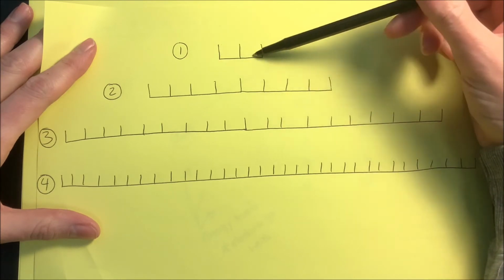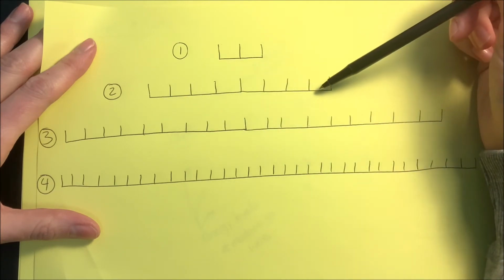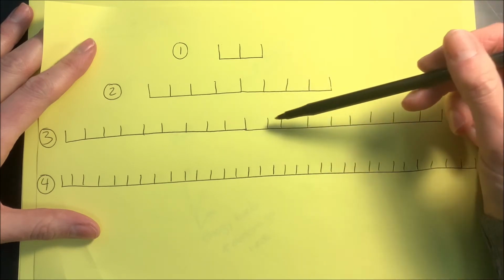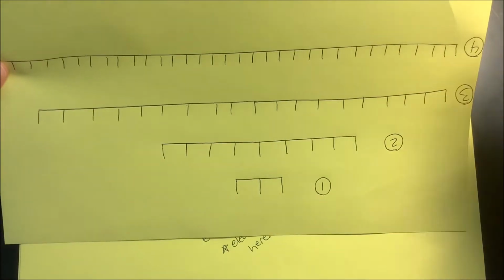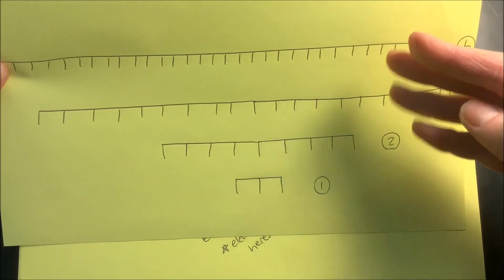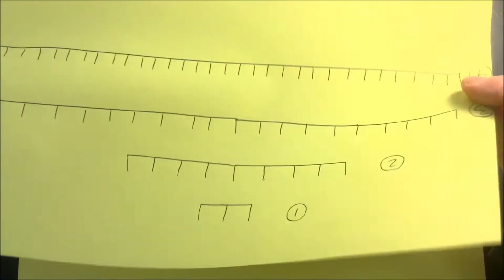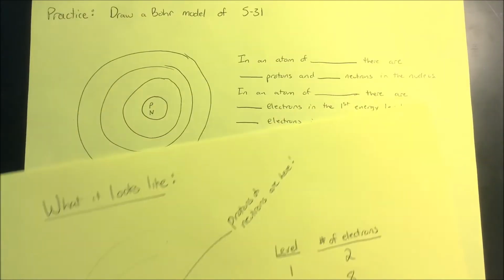And so the first 2 people would get to sit here, and then the next person that came would have to sit in this row until 8 people showed up there, and then the next person would have to sit in this row until 18 people showed up to fill up this row. And so we're filling it that way. So perhaps holding it this way would be better. And then if we dump in marbles to represent the electrons, they're all going to go to the lowest one. Okay, so it's the same idea when you're drawing electrons in an atom.